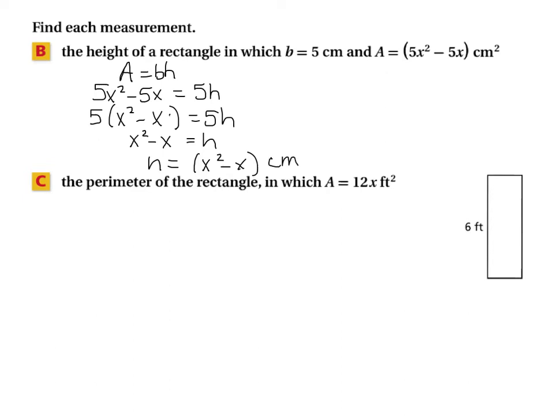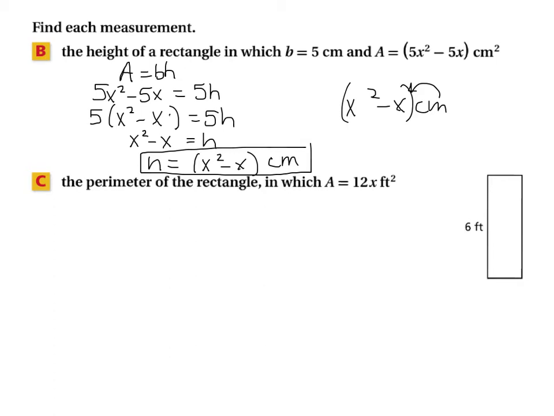Then we have a label at the end that says centimeters. So if we had x squared minus x centimeters, you're only putting the label with the x. So whenever you have a label with an expression with more than one term, put parentheses around that term. So the height of this rectangle is (x squared minus x) centimeters.